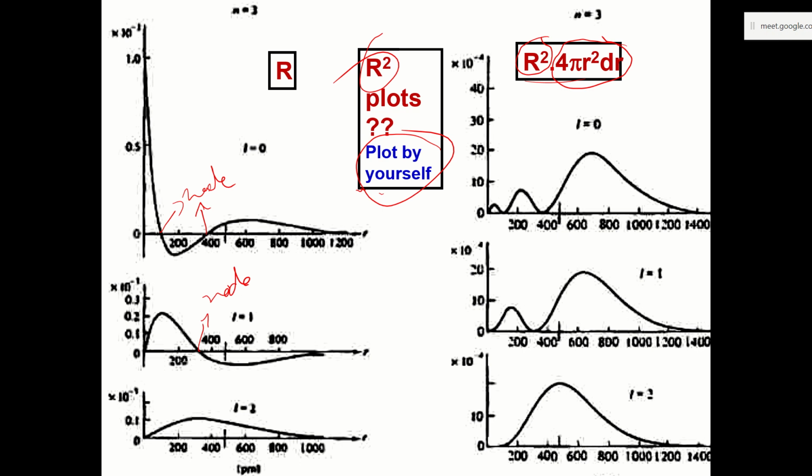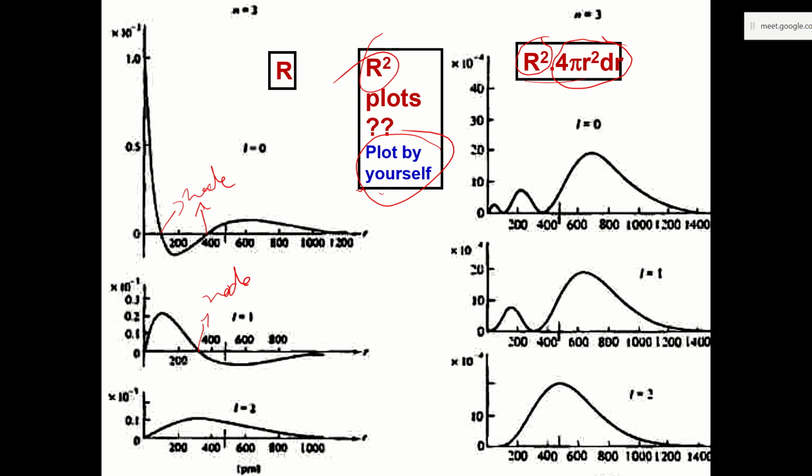So 3 curves, एक ऑर्बिटल के लिए 3 कर्व का nature of the curve you should be able to predict. You should be able to draw the rough sketch of these curves if asked.